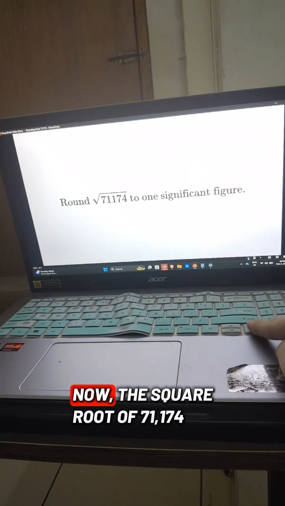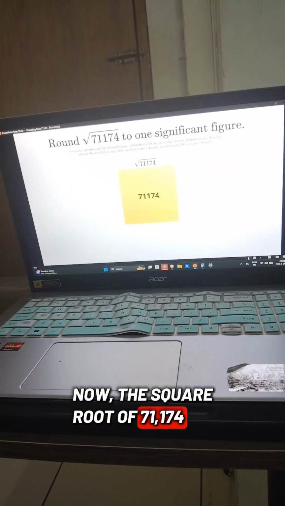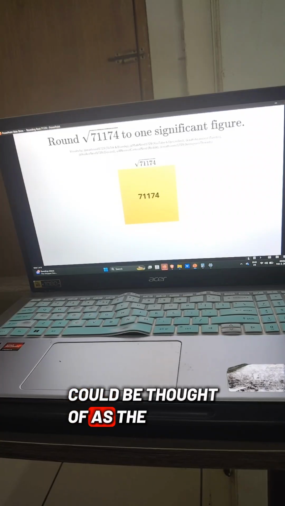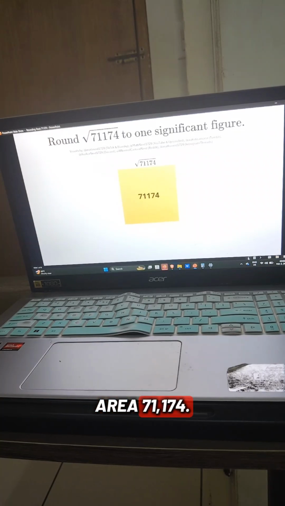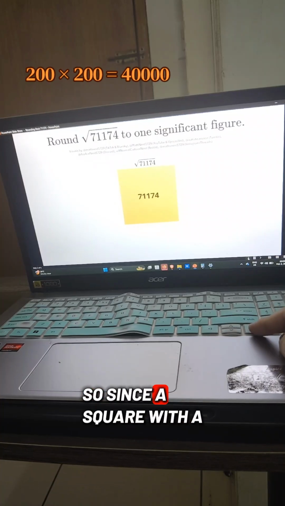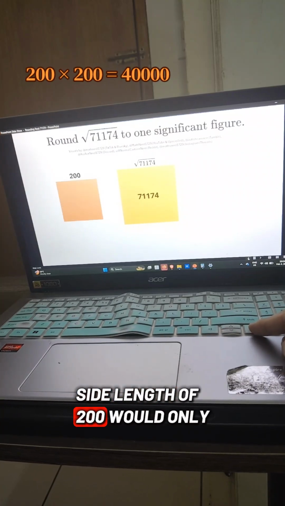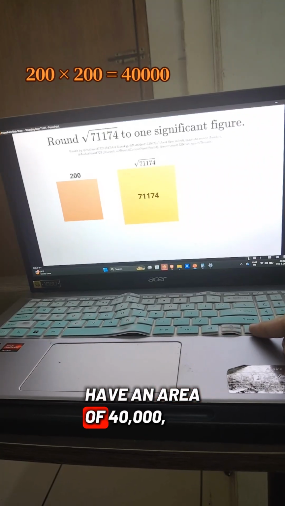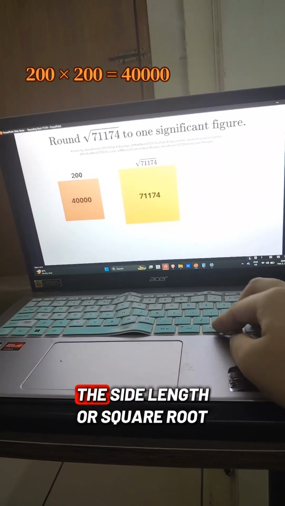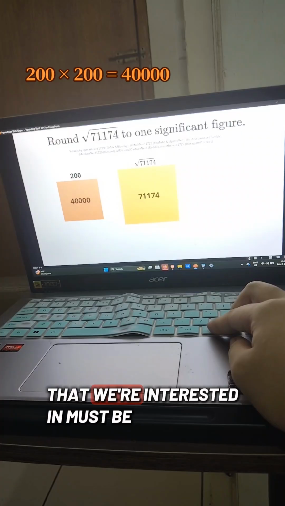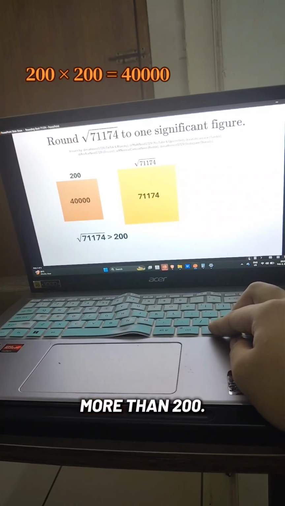Now, the square root of 71,174 could be thought of as the side length of a square with area 71,174. So, since a square with a side length of 200 would only have an area of 40,000, which is too small, the side length or square root that we're interested in must be more than 200.